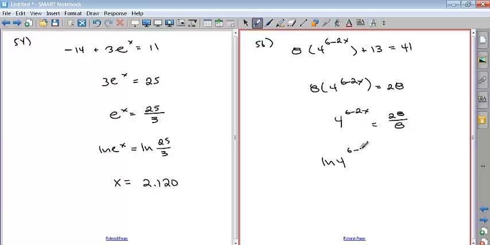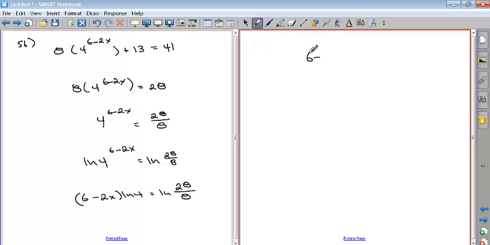Once I get this thing by itself, I want to use the properties of logarithms to get that exponent into an algebraic situation. So you bring the exponent out: 6 minus 2x times the natural log of 4 is equal to the natural log of 28 divided by 8.